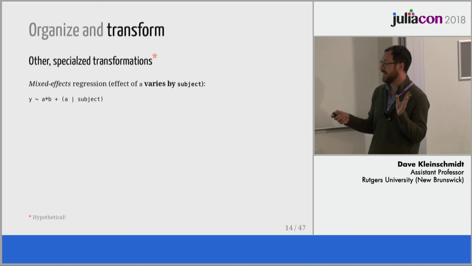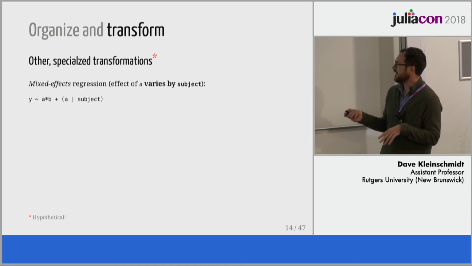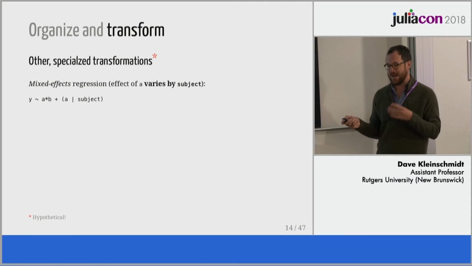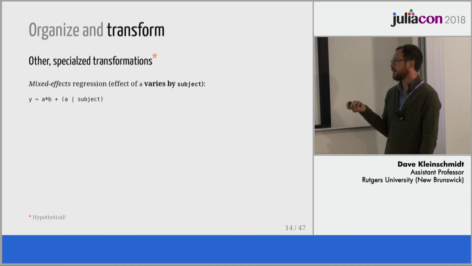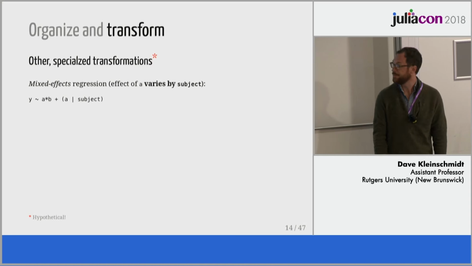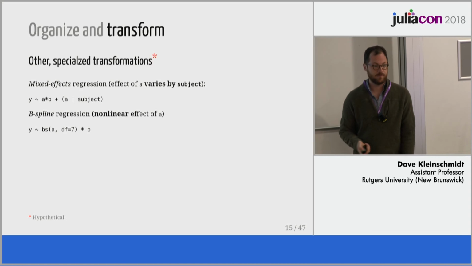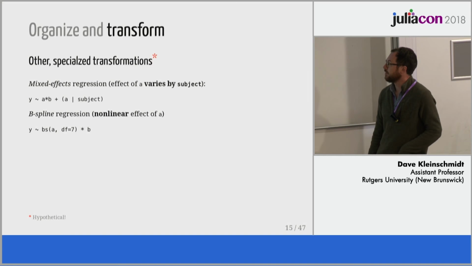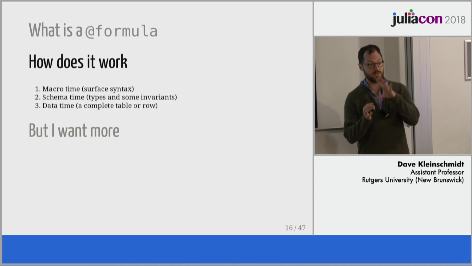These are things that are not implemented in StatsModels.jl, even in Terms 2, son of Terms. They're things that you, as package authors, like if you have a mixed effects regression package, could build on top of the language I'm going to talk about. Or you'll say you want to do a B-spline regression, right? A nonlinear regression. Okay, so that's the basic outline of what the language is.